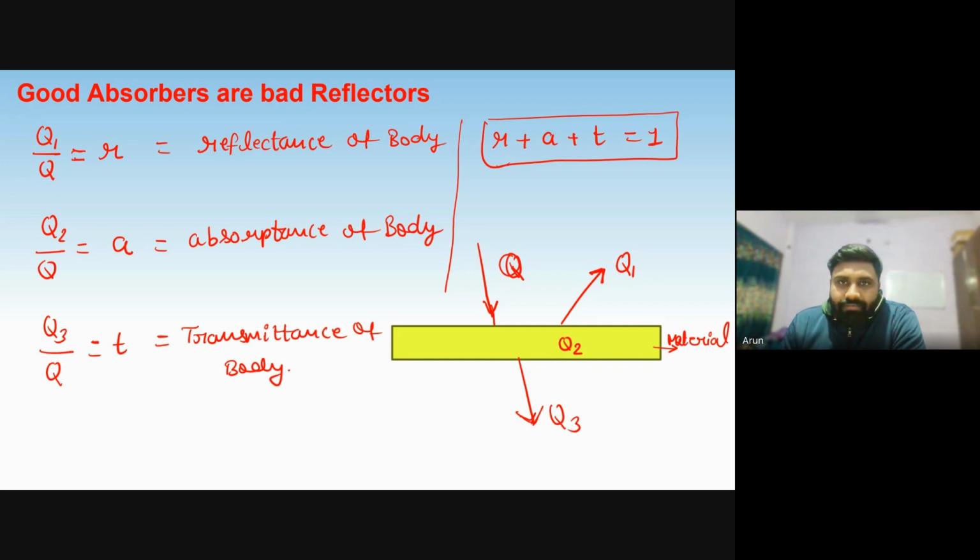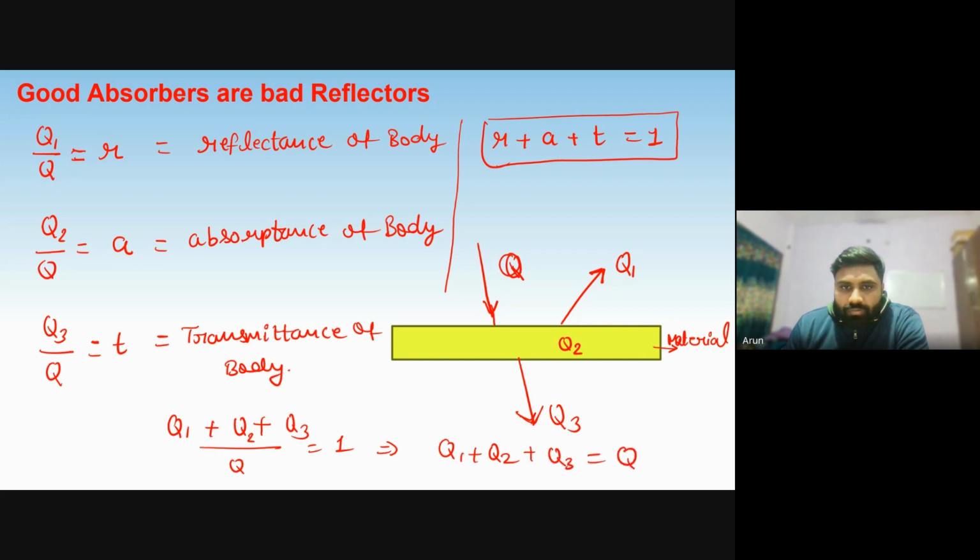If you put in the values, R is Q1 by Q, A is Q2 by Q, T is Q3 by Q. If you sum it, it becomes (Q1 plus Q2 plus Q3) divided by Q equals 1. So Q1 plus Q2 plus Q3 equals Q. Got it?